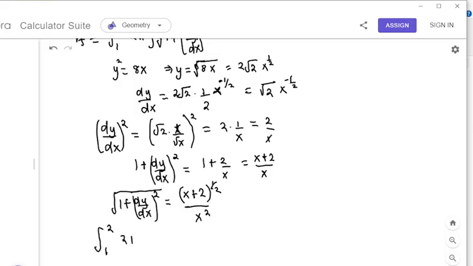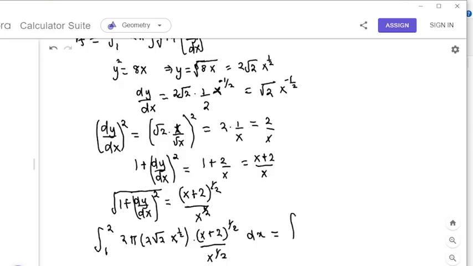Y is 2 root 2 x to power a half, times this root here, which is (x plus 2) raised to power a half over x raised to power a half, and now dx.